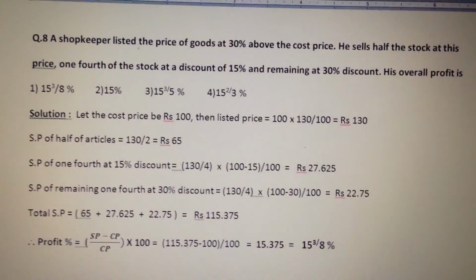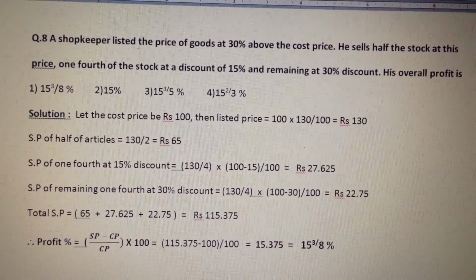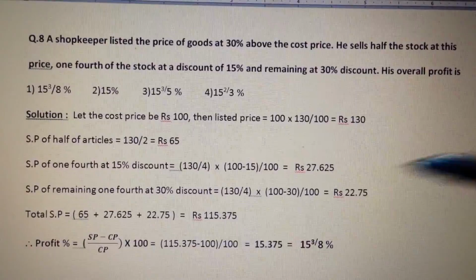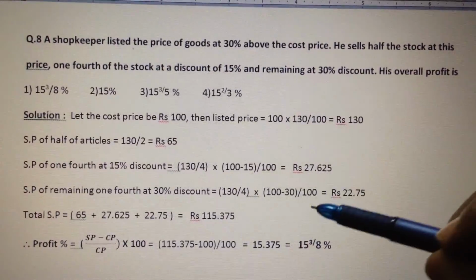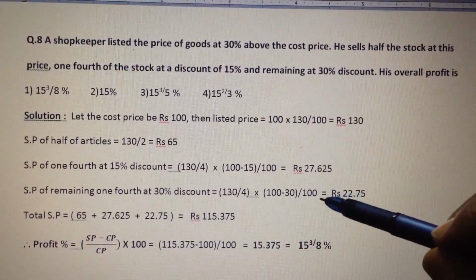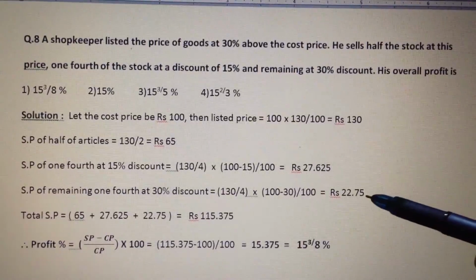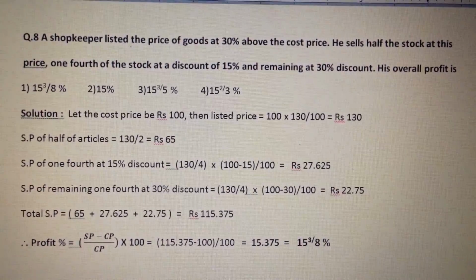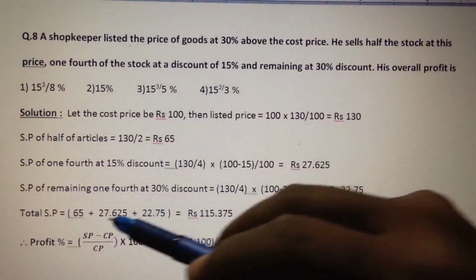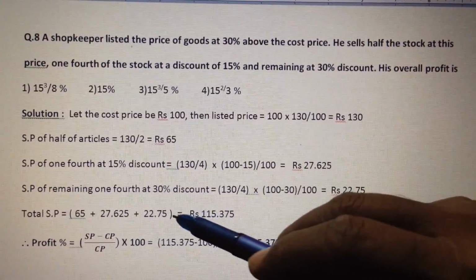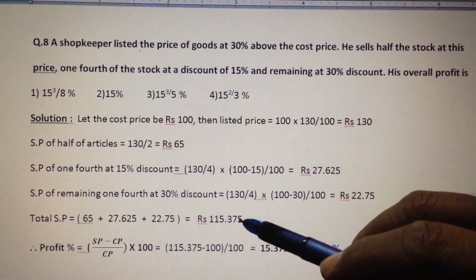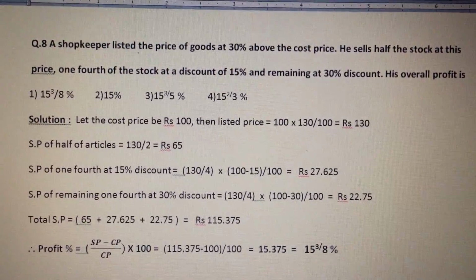Now the selling price of the remaining articles, which is the 1/4 at a 30% discount, is equal to 130 by 4 into (100 minus 30) by 100, which is equal to rupees 22.75. Now the total selling price is equal to 65 plus 27.625 plus 22.75, which is equal to rupees 115.375.